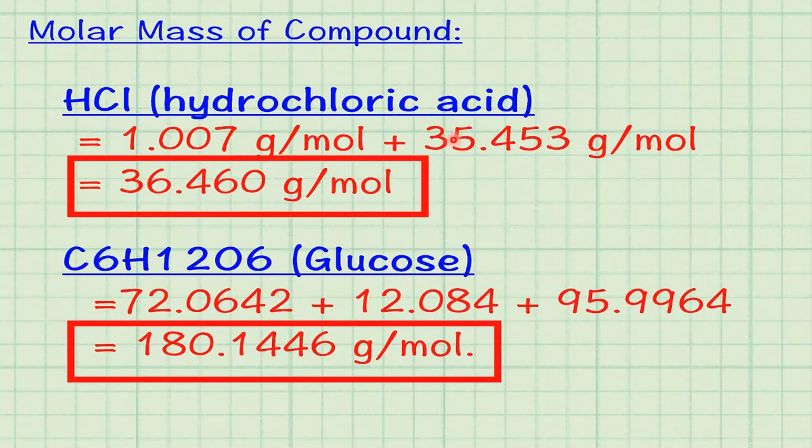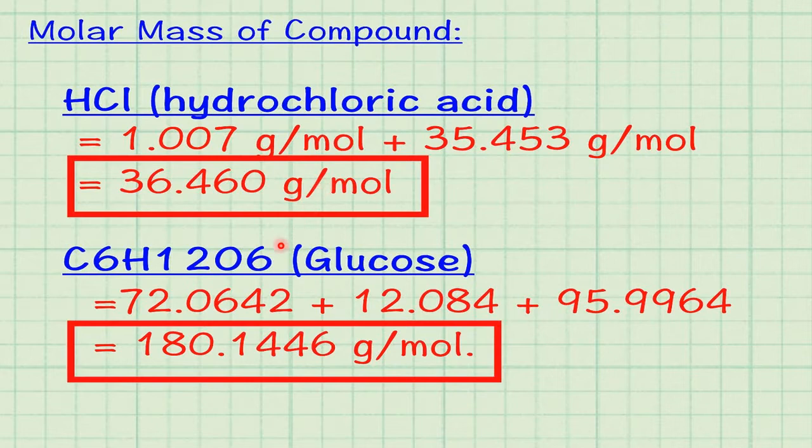By adding these two atomic masses, we get the molecular mass of hydrochloric acid, which is equal to 36.460 gram per mole. Why is it written gram per mole? This is the topic of discussion today, how molecular mass is related to gram per mole. Till then, please hold.